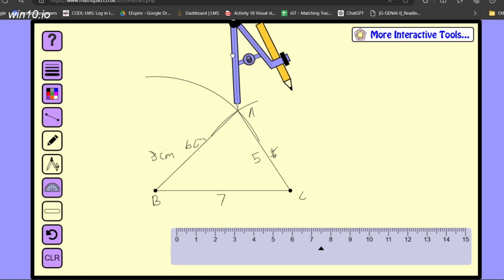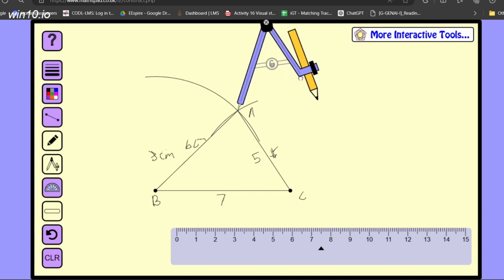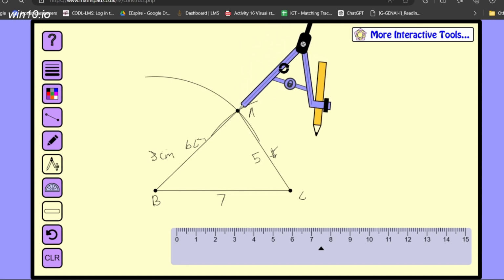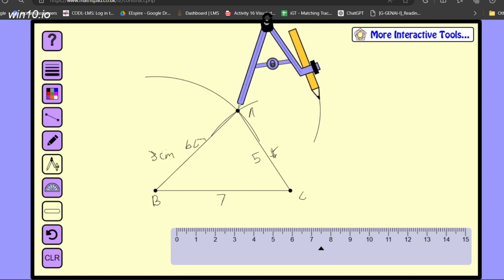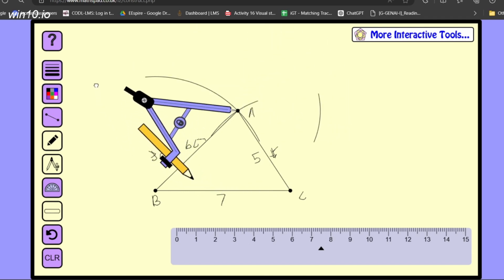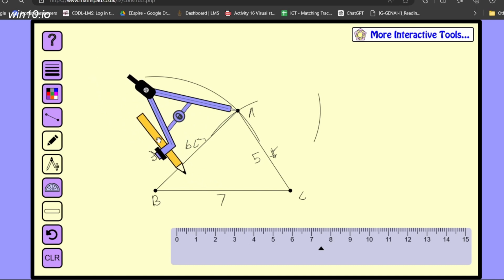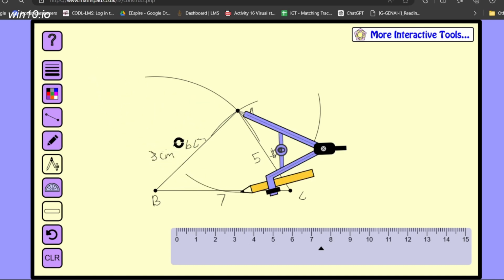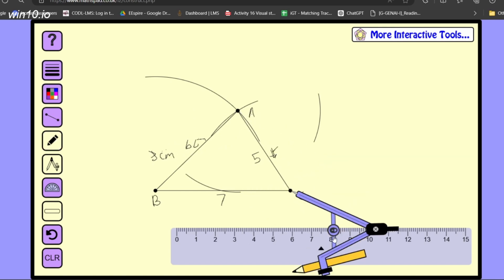First we can put the compass needle here. Draw some circle fraction from here also. And then put the needle here.